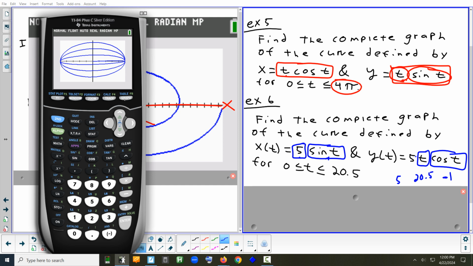It would always be between negative 5 and 5, but it would keep expanding up and down. More stripes. Okay, so graphing things parametrically, it just takes a little getting used to.